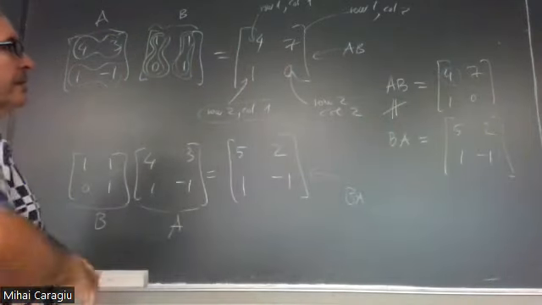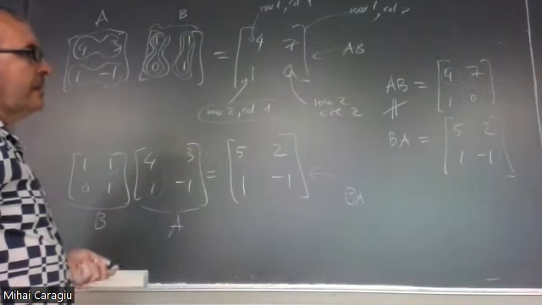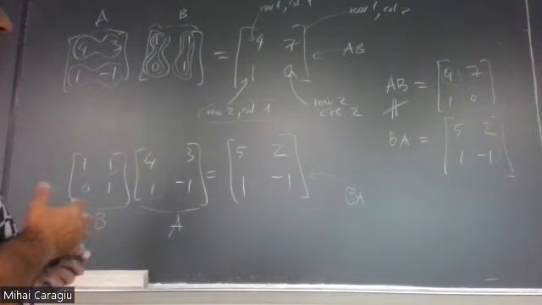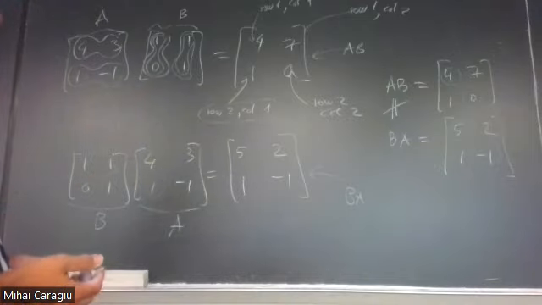One of the exercises I will assign a little bit later is to prove this, that always the sum of the main diagonal elements of AB is the same as the sum of the main diagonal elements of BA if both AB and BA are square matrices of the same size.